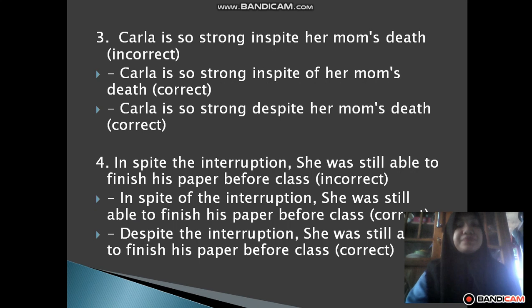Correct. Mengapa pada bagian pertama di sini salah atau incorrect? Karena seharusnya preposition in spite harus diikuti oleh konjungsi of setelahnya, seperti pada bagian kedua ini. In spite of interruption, she was still able to finish his paper before class.